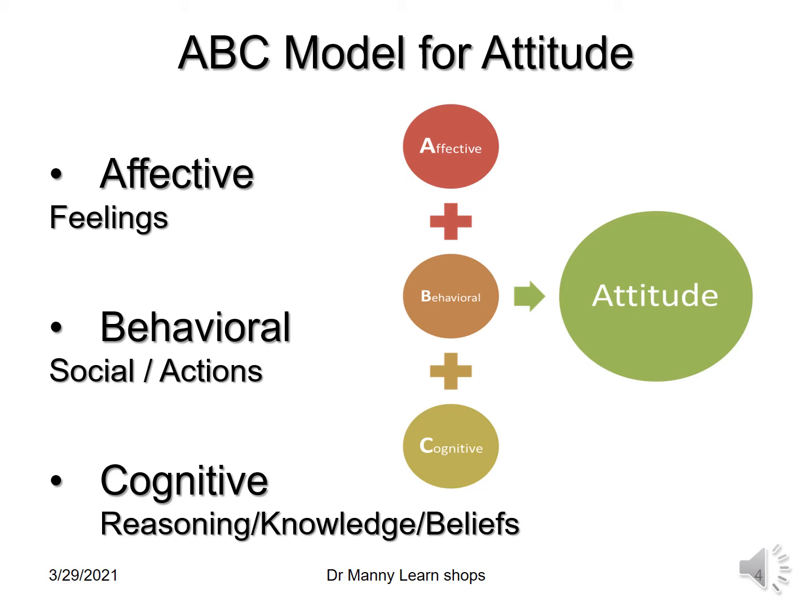C is cognitive. It's about how you think. Your reasoning, your knowledge, and your beliefs. Affective, feelings, behavioural, social actions, cognitive, reasoning, knowledge, and beliefs. These all create your attitude.